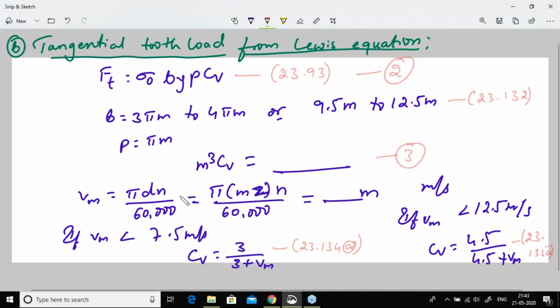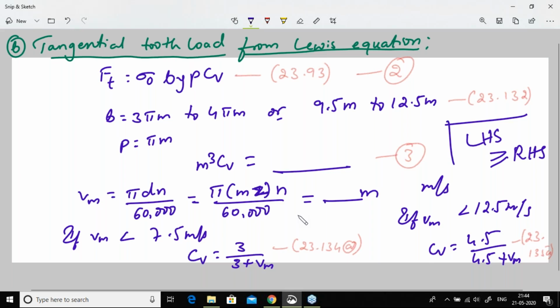and we have to substitute M and Cv in this equation, and we have to check with respect to RHS. So until we get LHS greater than or equal to RHS, we have to do the trial and error method.